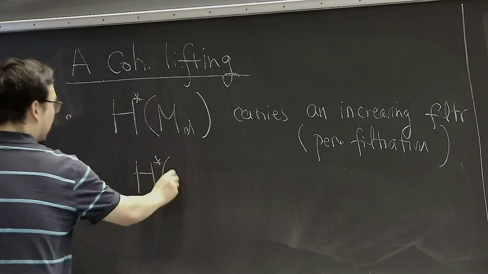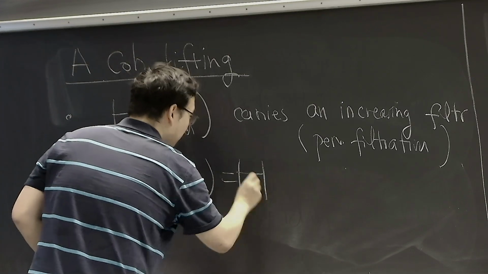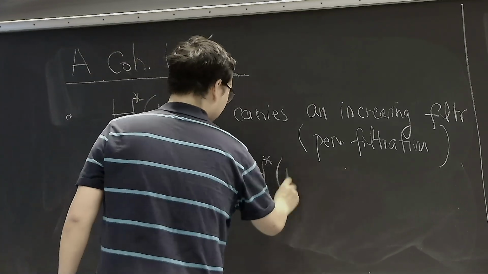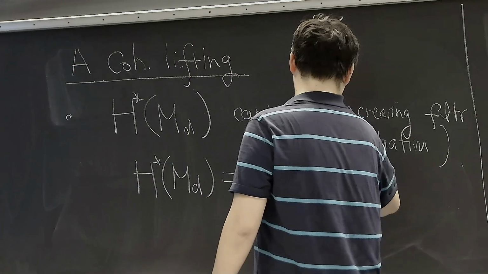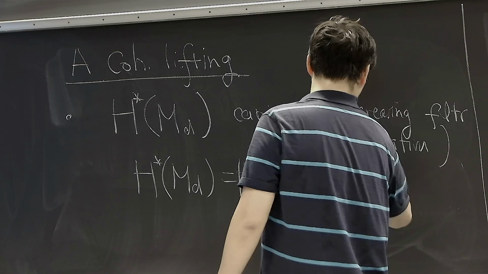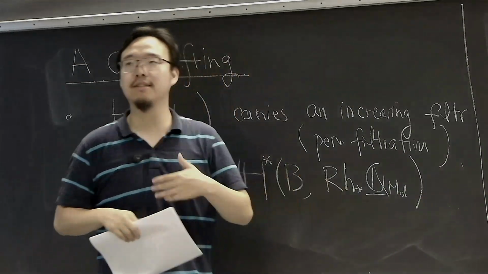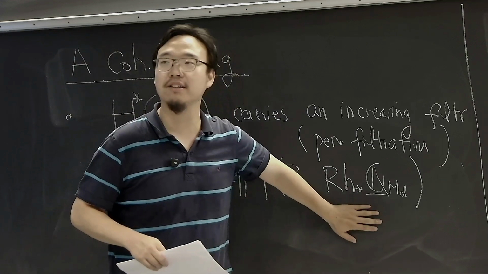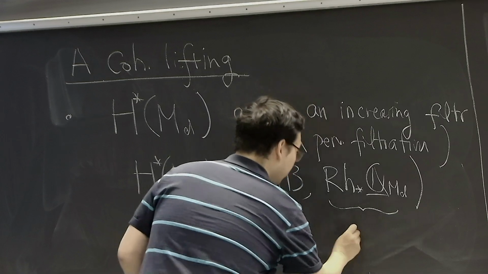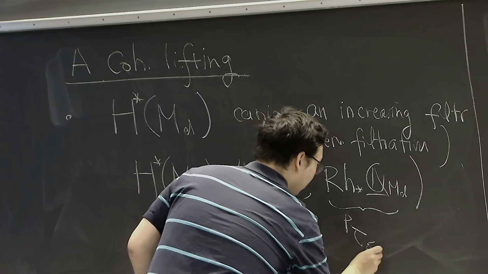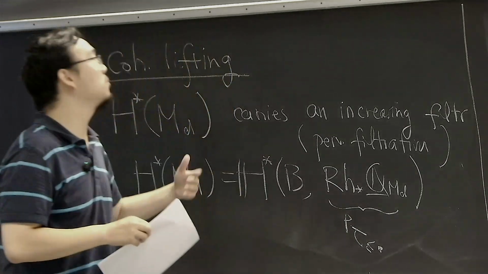The definition is the following. You view the cohomology of M_D as the hypercohomology of the base, pushing forward your Q. This is a complex which admits the decomposition theorem, and you can apply the perverse truncation functor, considering the first k pieces contributed by the decomposition theorem.